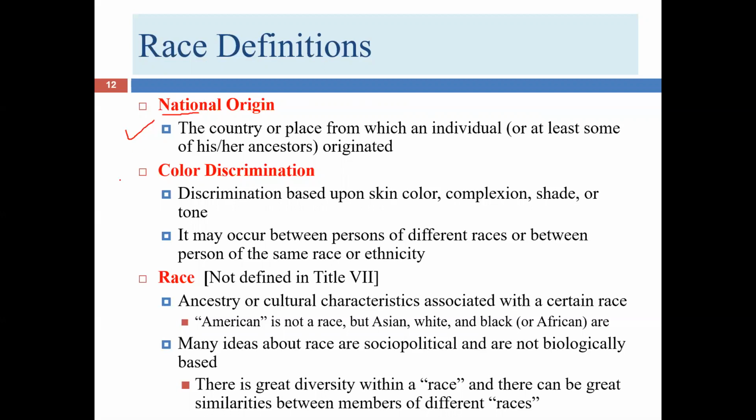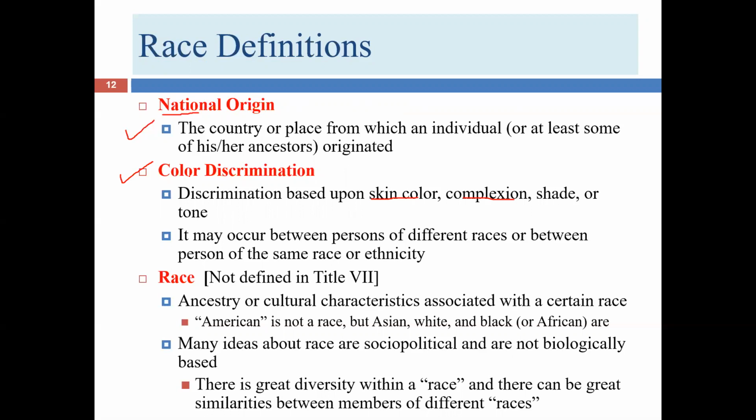Color discrimination is again based upon skin color, complexion, shade, tone. This is another term that you'll want to work on with Quizlet or some similar tool. Color discrimination can occur within a race, or it can occur between races. For example, you might think an African American manager wouldn't be discriminating against another African American manager.